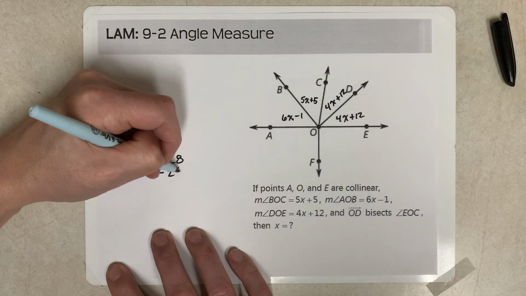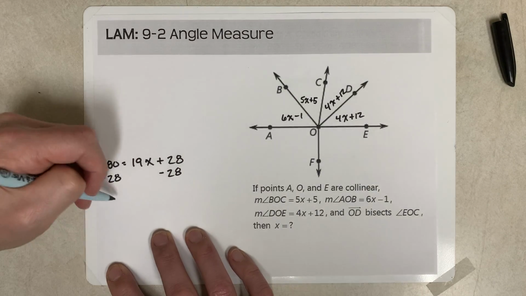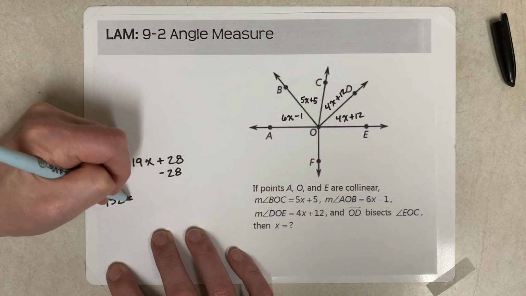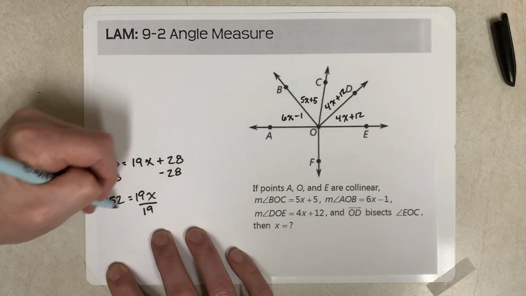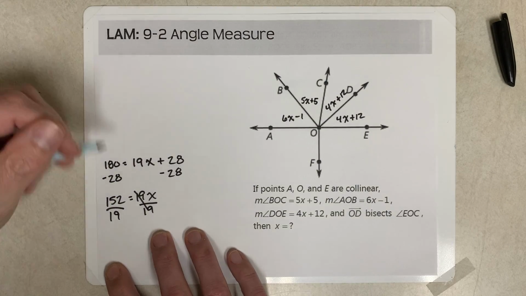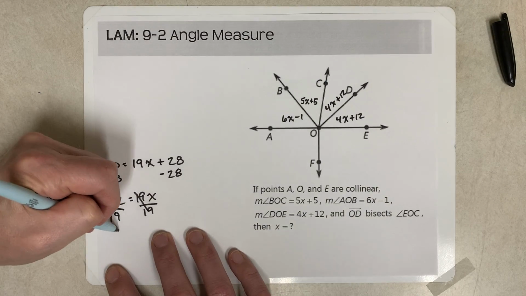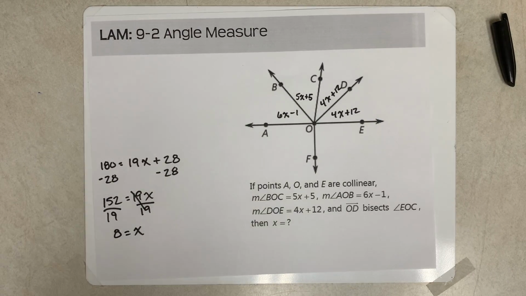Okay, we're going to subtract 28 on both sides. And we're going to get 152 over here is equal to 19x. Divided by 19, and we get, let's see, 8 is equal to x. And that is our answer for that one.